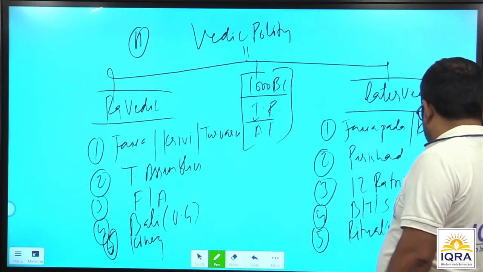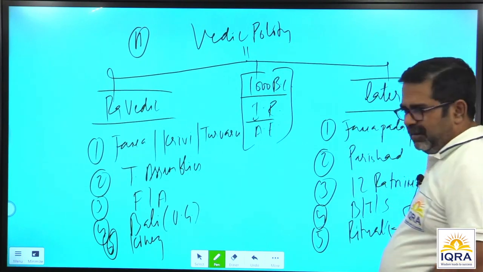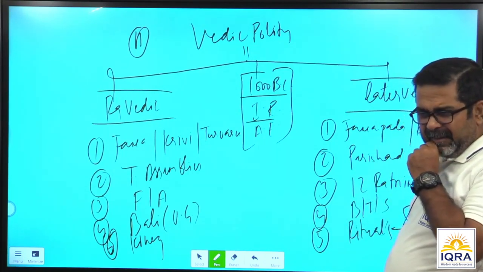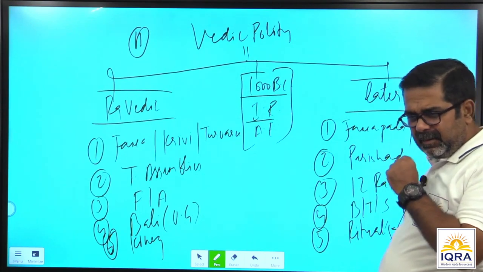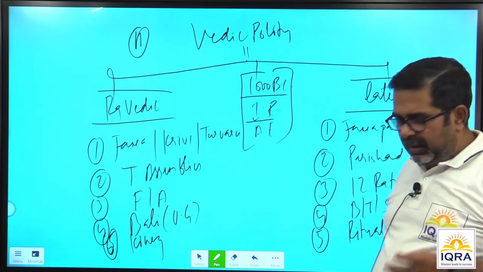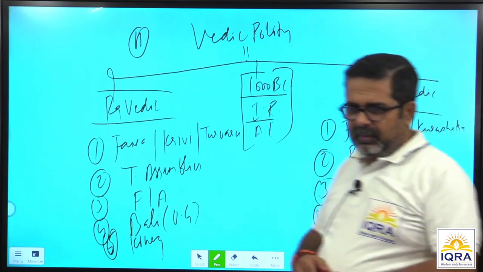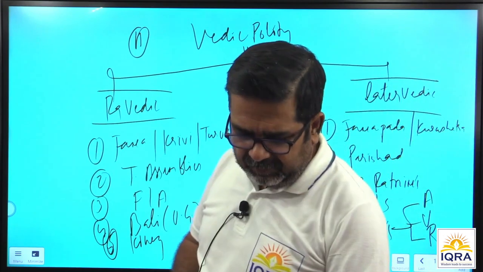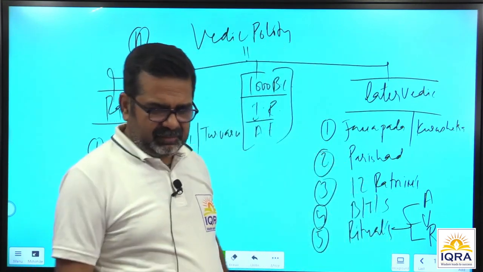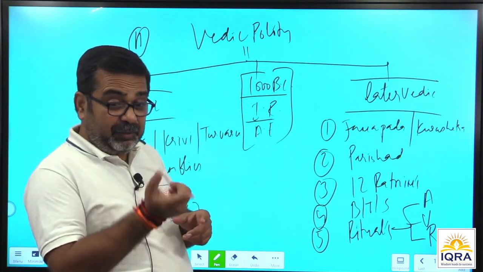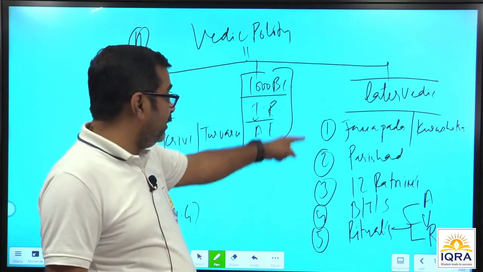Ashwamedh, Vajpeya, Rajasuya. The power of the king has to be increased. Still, there is no chance of a standing army, but you have to increase the power of the king because now he is the king of the state.